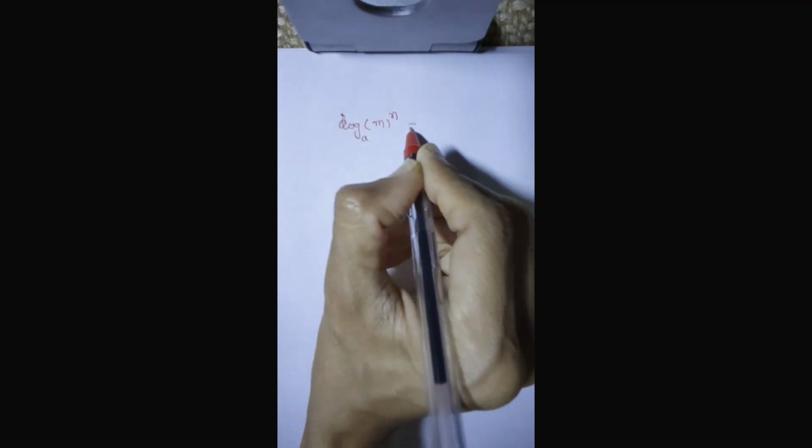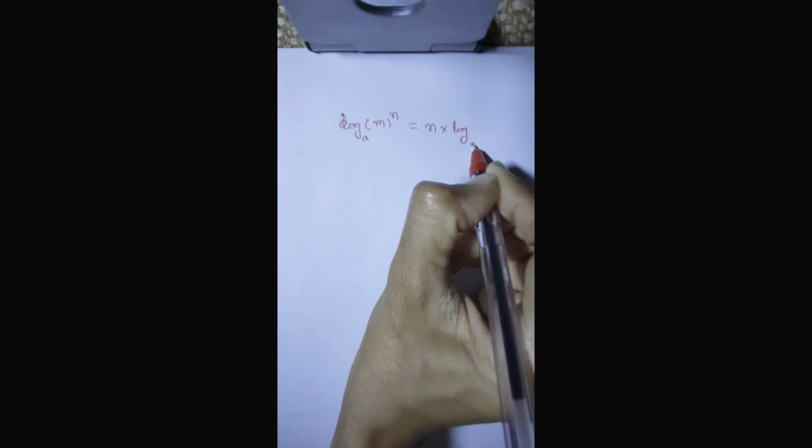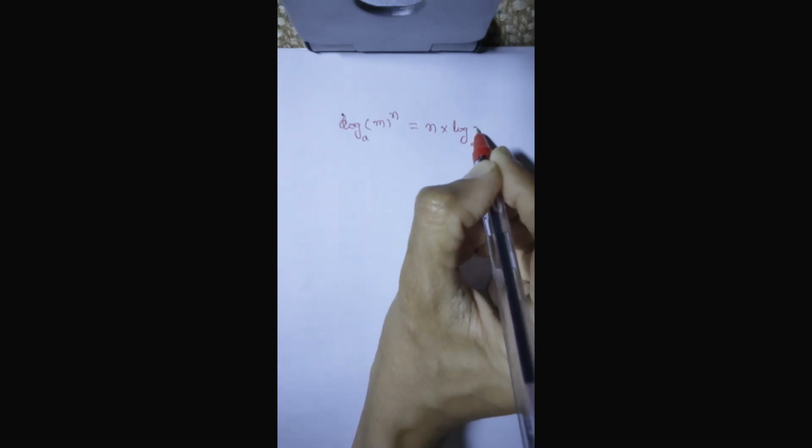Okay, one more formula we are going to learn. The formula is, if we have log to the base a of m to the power n, then this n comes out in multiplication and we can simply write n times log to the base a of m.